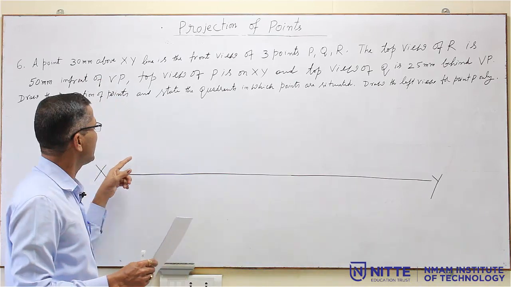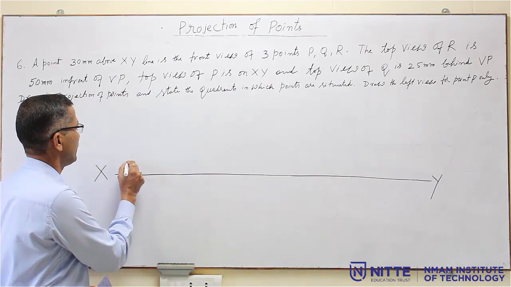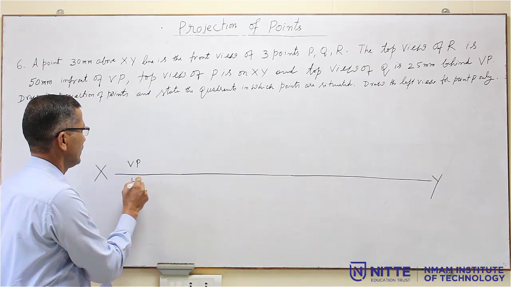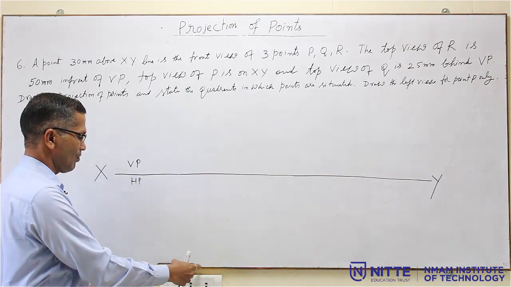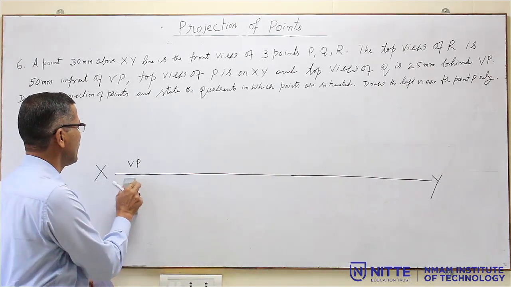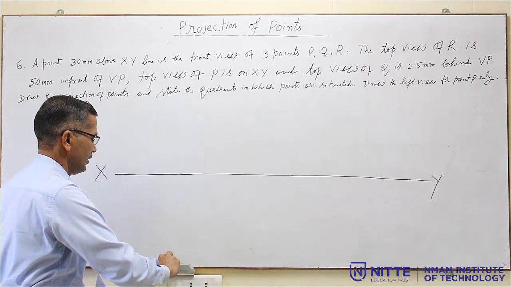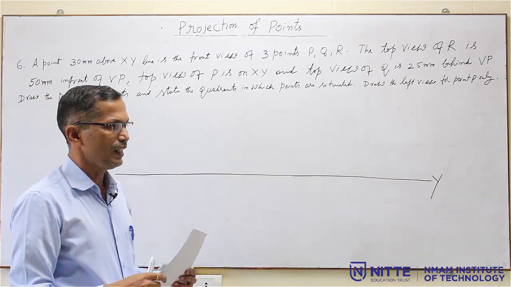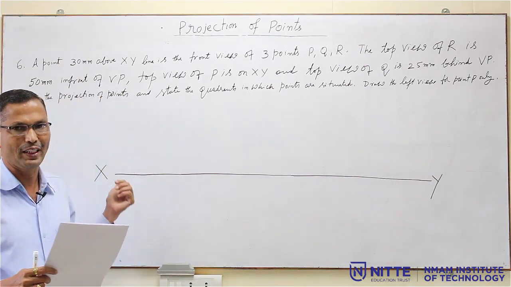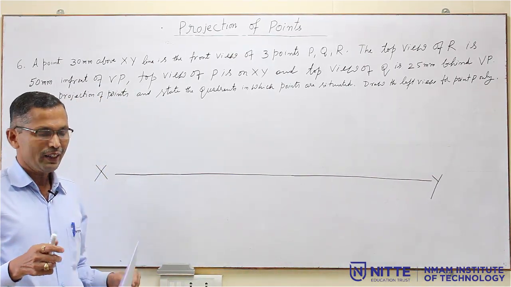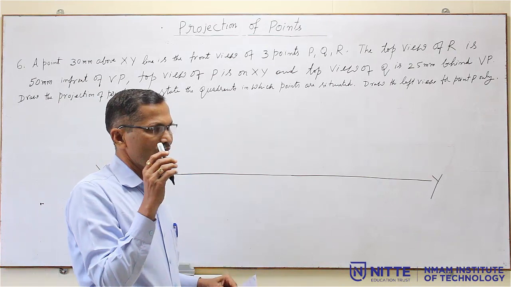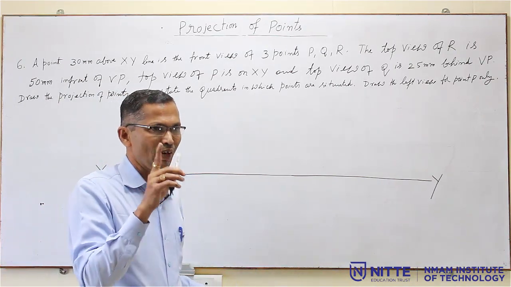But once you fix it here, if I write VP and HP, that means all the points are first quadrant only. So, that is why when we are solving multiple points, it is not necessary to write VP and HP, but only while solving one particular point.